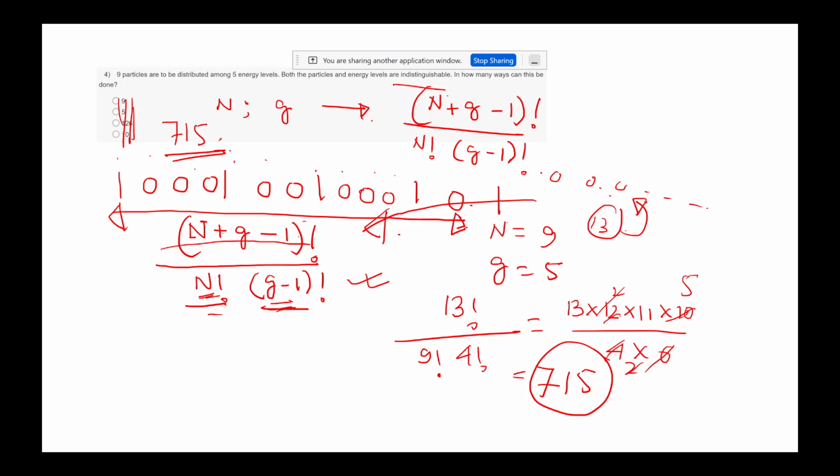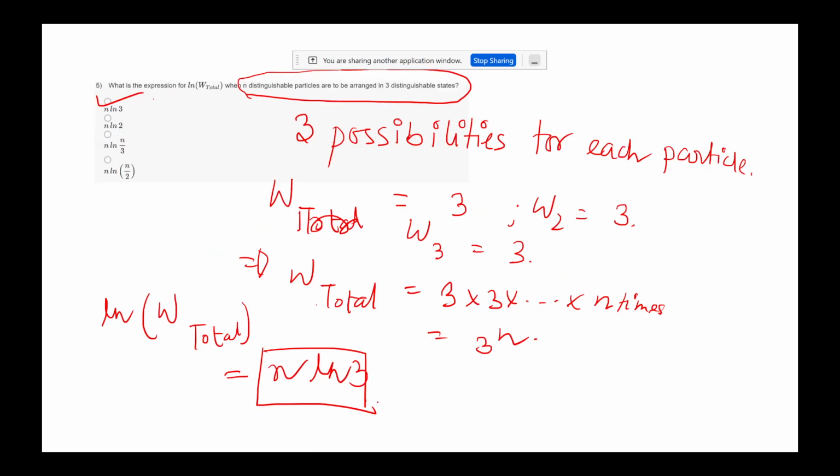But here the difference is that in one position there can be 3, or n, particles, right?